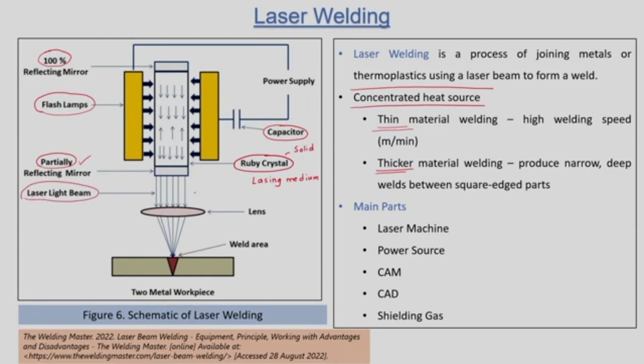So, we are getting the laser light beam, and we are focusing this laser light beam on the work part. These are the two work parts which are placed very near to each other with a certain geometry at their ends. When we apply the laser beam energy over the interface of these two work parts, part 1 and part 2, this portion will get melted and then resolidified.